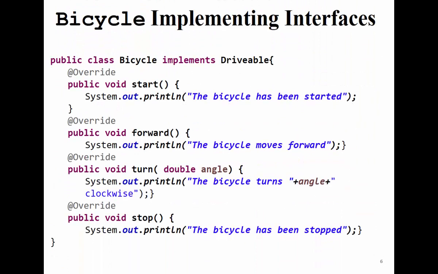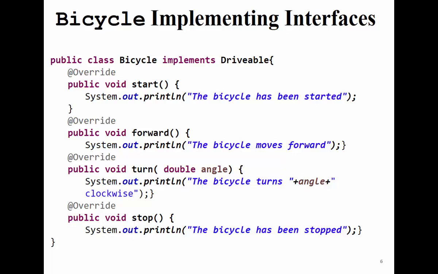And we saw last time that we have a bicycle. A bicycle is a moving object, and we define it as public class Bicycle, and we would like this Bicycle to implement the Drivable interface. So in your application as a Java developer or apps developer, whenever you create a new object, you want the behaviors, because these methods control the behavior of the object.